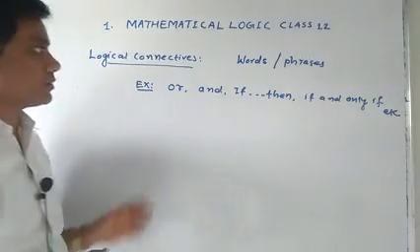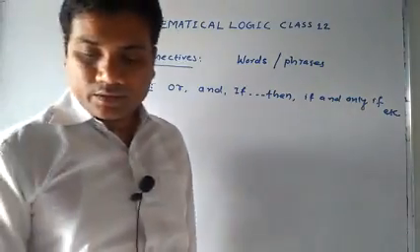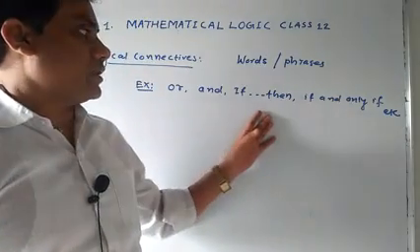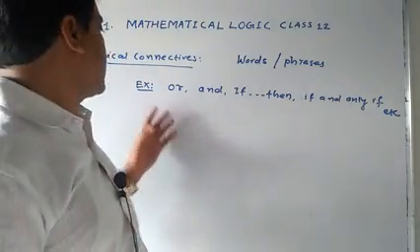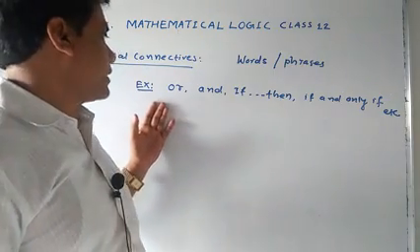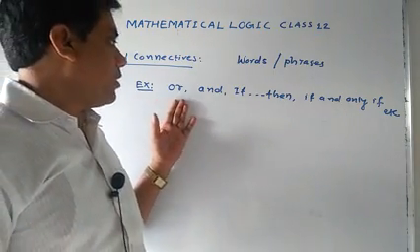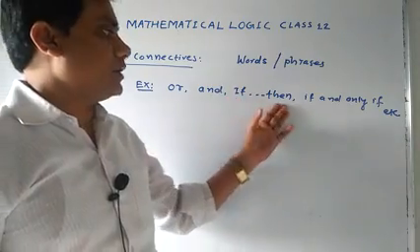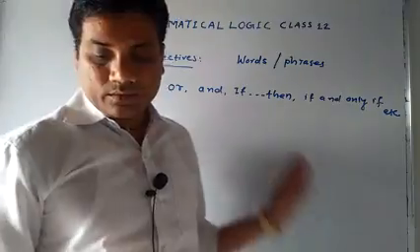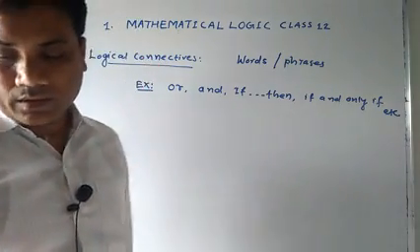Logical connectives means the words or phrases which are used to connect two statements. In logical connectives we use the words or, and, if then, if and only if. These are the words used in logical connectives.